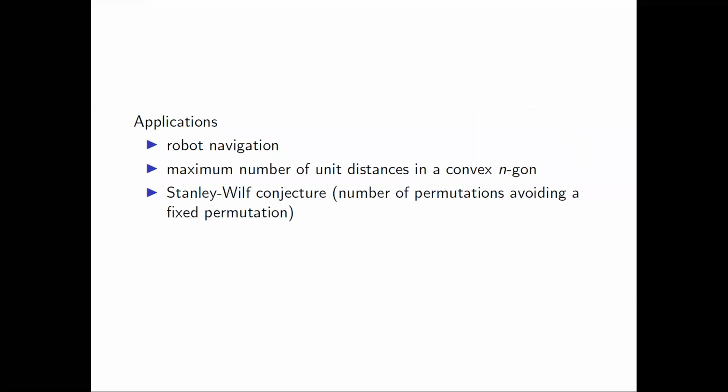And what's interesting about the Stanley-Wolf conjecture is that you can find a bound on this number of permutations using upper bounds on extremal functions of 0-1 matrices. So you can reduce it from a problem about permutations to a problem about 0-1 matrices. So now that we've seen a few applications, and we'll go into some more details with the Stanley-Wolf conjecture next time, let's start getting into the math.